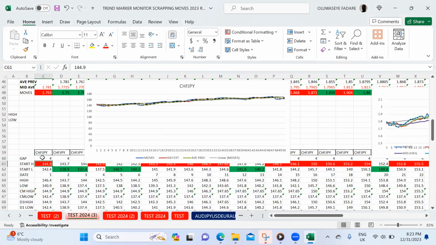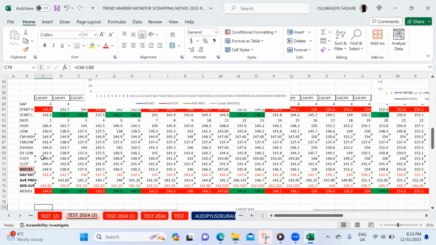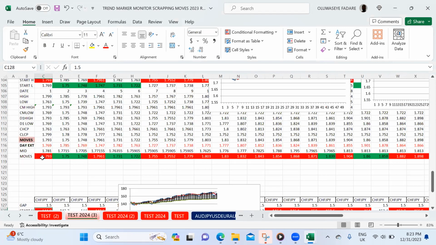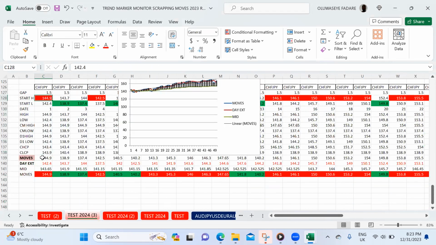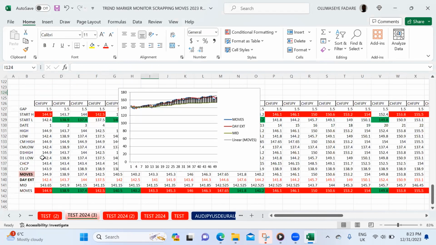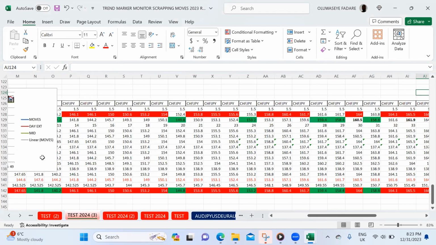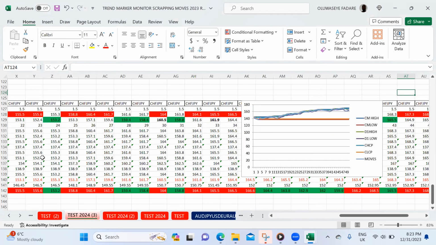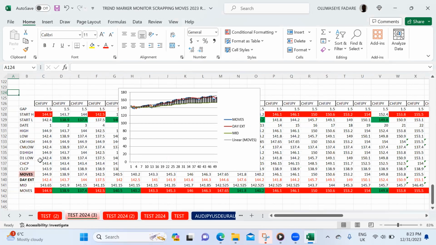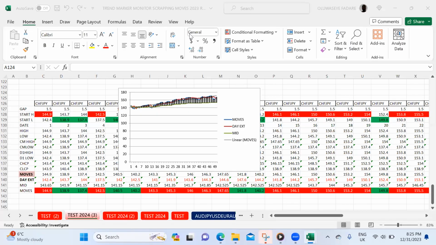So 4 is our gap, and I think at the bottom we have 1.5 as well. Fine. So look at the picture. Sorry for that background voice.